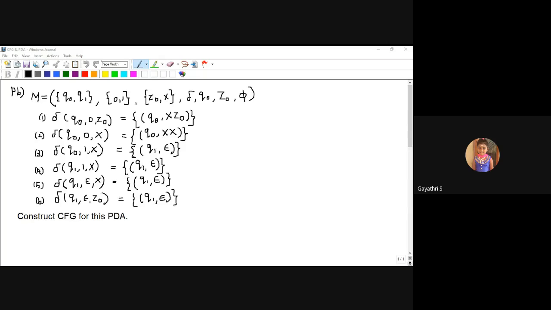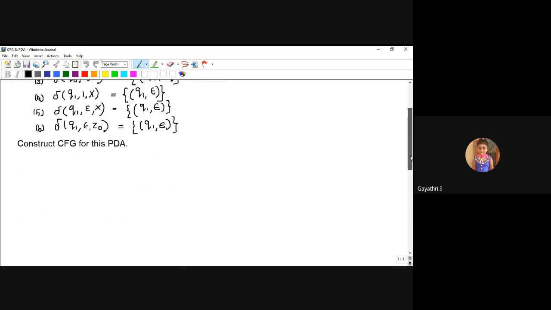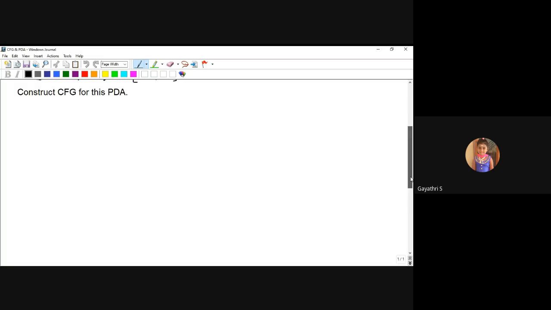You have to construct a context-free grammar for this pushdown automata. It may raise some confusion while working on this, so please be very careful while working on this kind of problem.